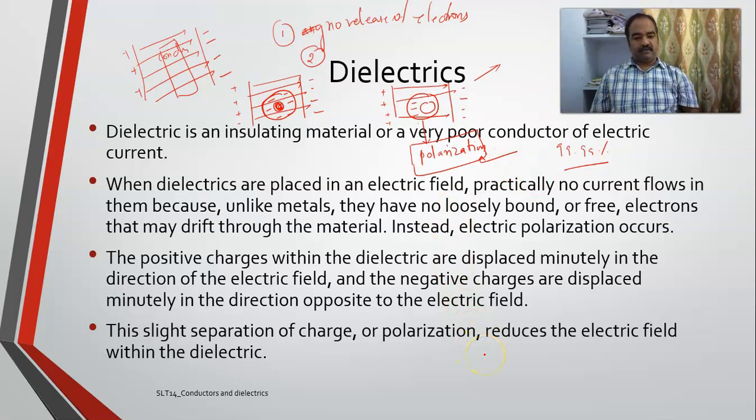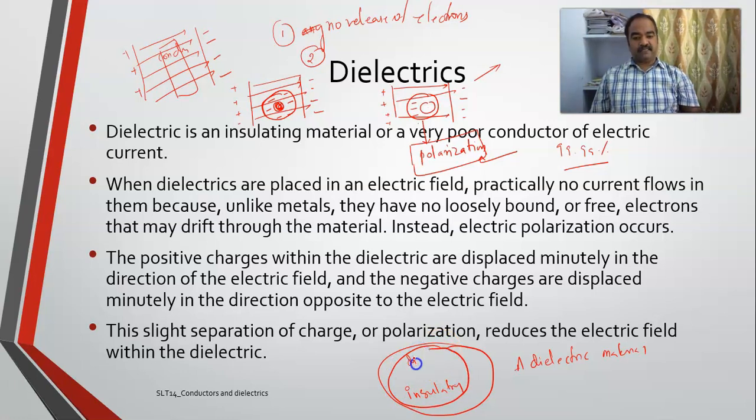I would like to clear one thing: if you take insulating materials like this, the dielectric materials will be like this. Dielectric materials are a subset of insulating materials. All dielectric materials are necessarily insulating materials, but I cannot say that all insulating materials are dielectric materials.